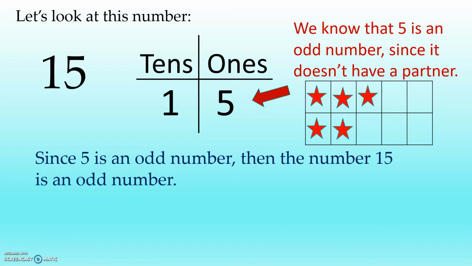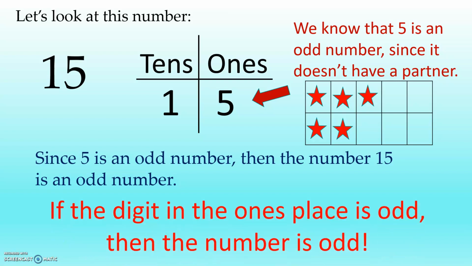Well, since 5 is an odd number, then the number 15 is an odd number. Because the digit in the ones place tells us what to do. If the digit in the ones place is odd, then the number is odd. 15 is an odd number.